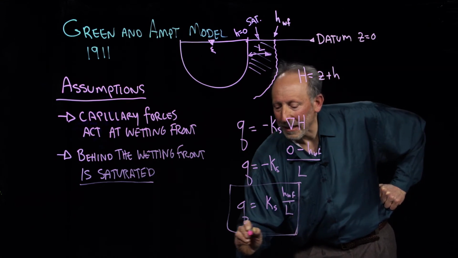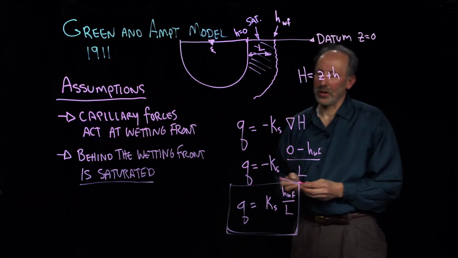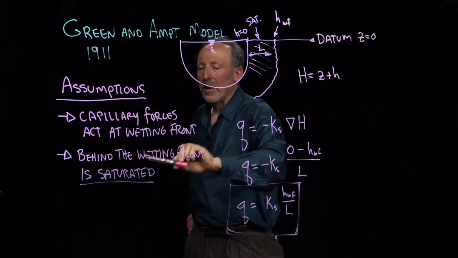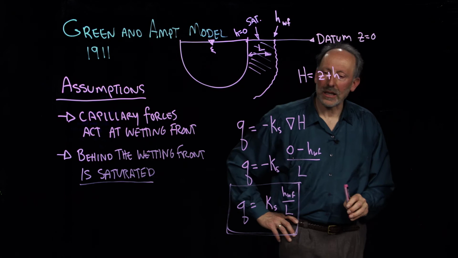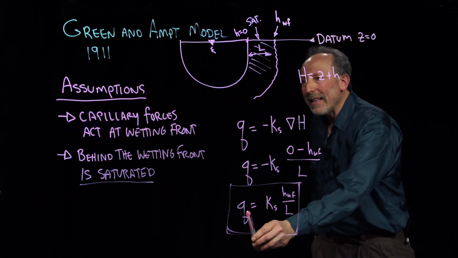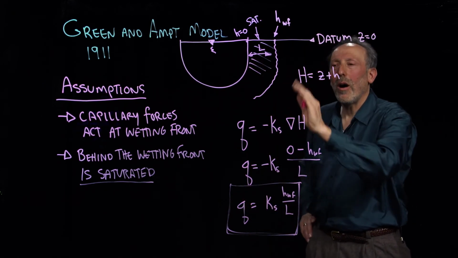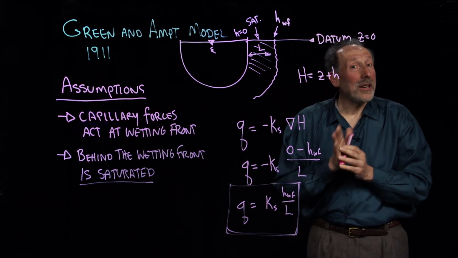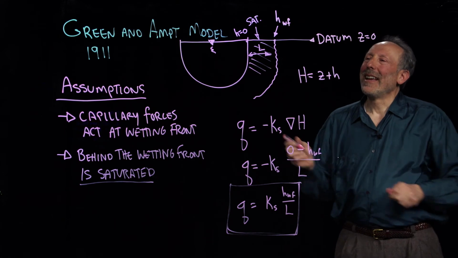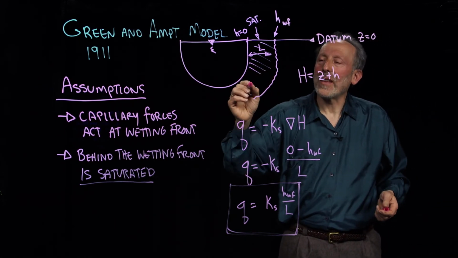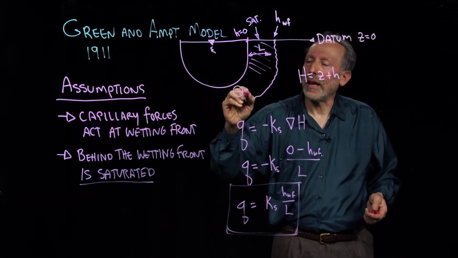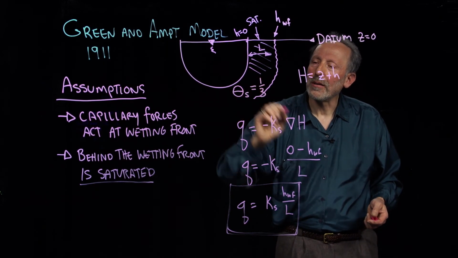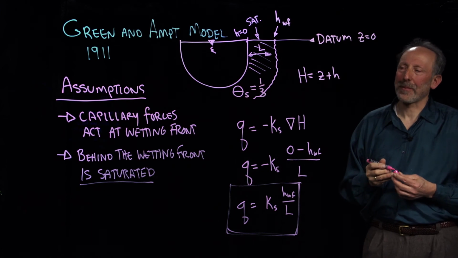So this very simple set of assumptions, that we have a capillary force that's driving things at the wetting front, and behind it the system is saturated, allows us to immediately calculate the flow of water into the system. Now, the one last thing I want to make sure that you remember is, let's say that the saturated water content, that we call theta sat, let's just say it's equal to 1/3, okay, which is a typical sort of number.